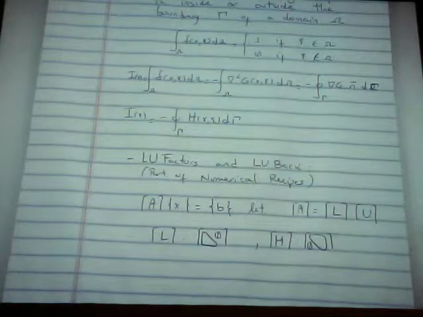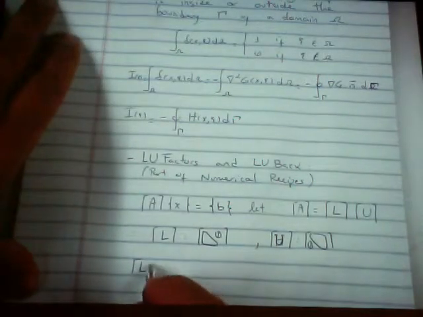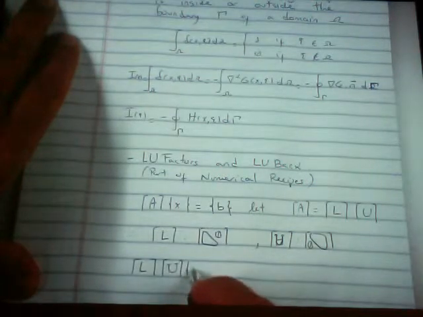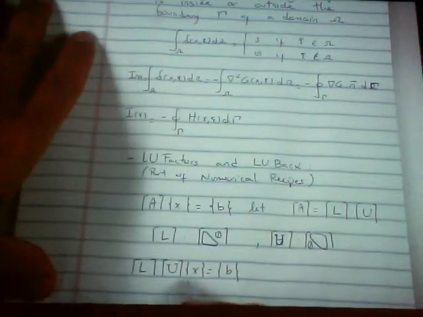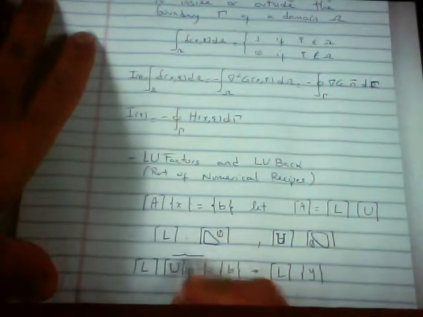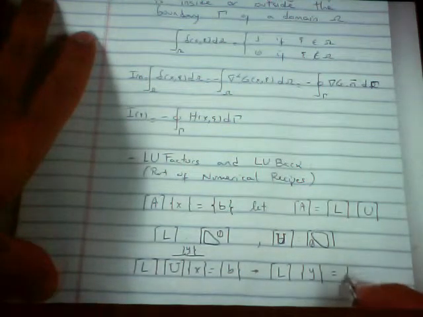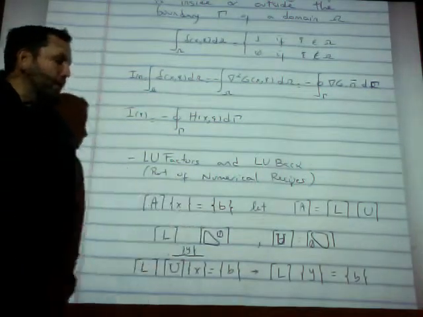So you get LU times X equal to B. We let U times X be equal to Y, so L times Y is equal to B. Remember, you're looking for X, so you don't know Y either, but you're just calling that Y.